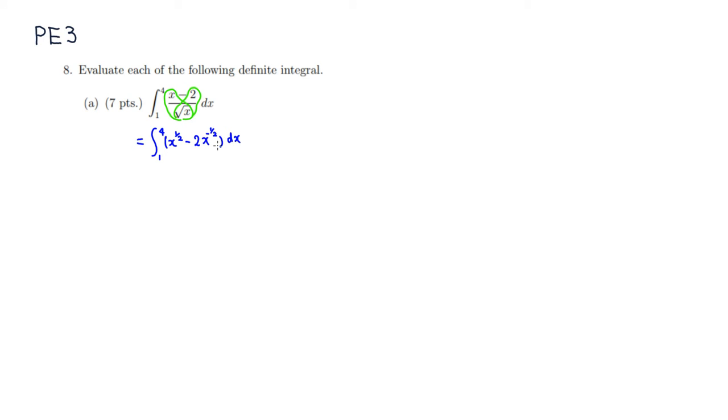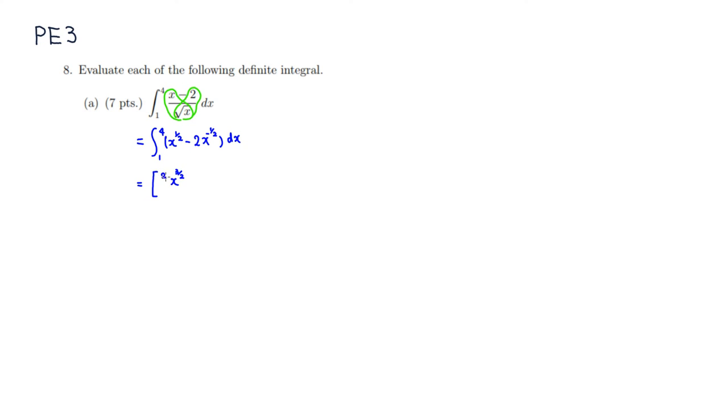Then we can just use the power rule to find antiderivatives. So here, the antiderivative of x to the 1/2 power: we add 1 to the power, so we get 3/2. Then dividing by 3/2 is equivalent to multiplying by 2/3.